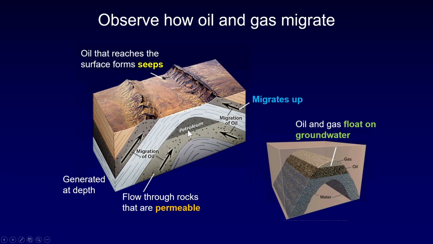So if we think about this layer of sandstone here, a portion of it will consist of water within the pores of the sandstone. Then above that, you would have a portion which would be rich in oil within the pore spaces. And then above that, you would have an area with the even lighter natural gas within the pore space.